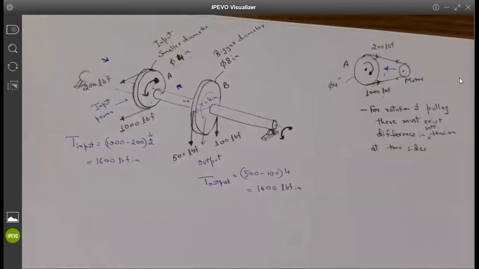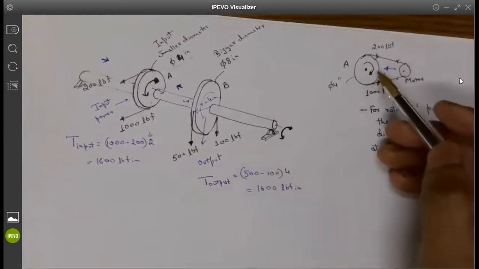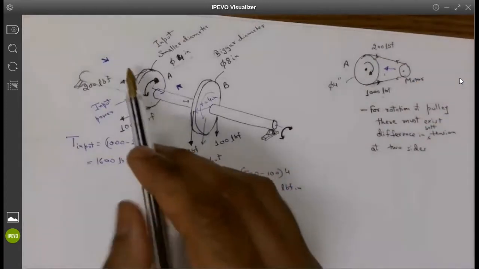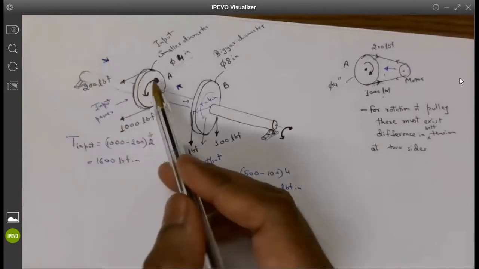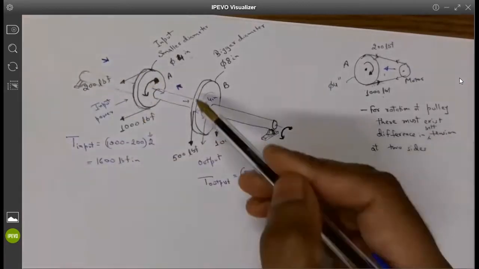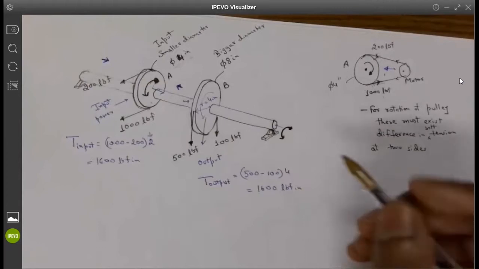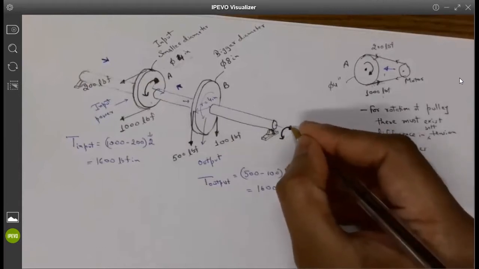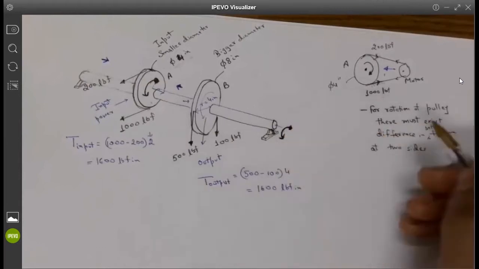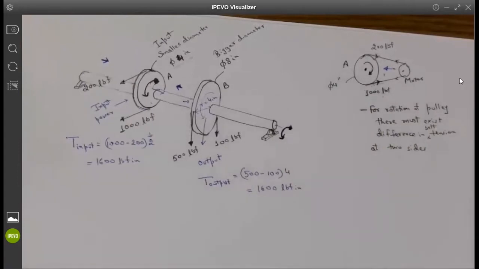Does it make sense? Yes, thank you. So it is just the way that you are looking at it. If you are looking from this side, it will look like clockwise, but if you are looking from this side, it will look like counterclockwise. That's the difference we have here.